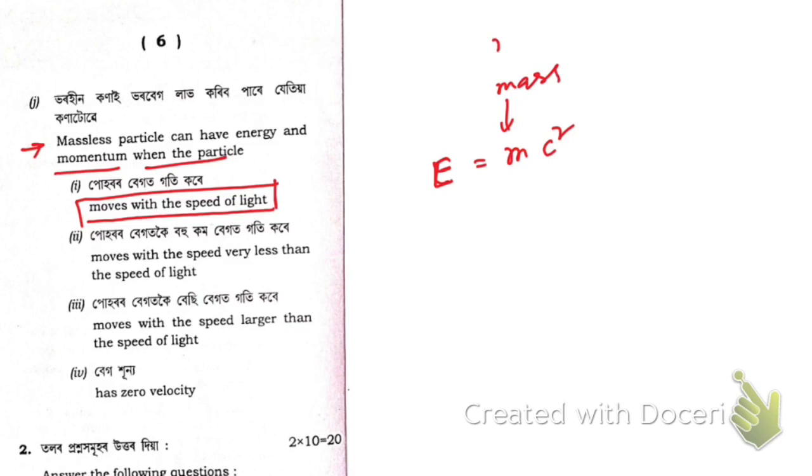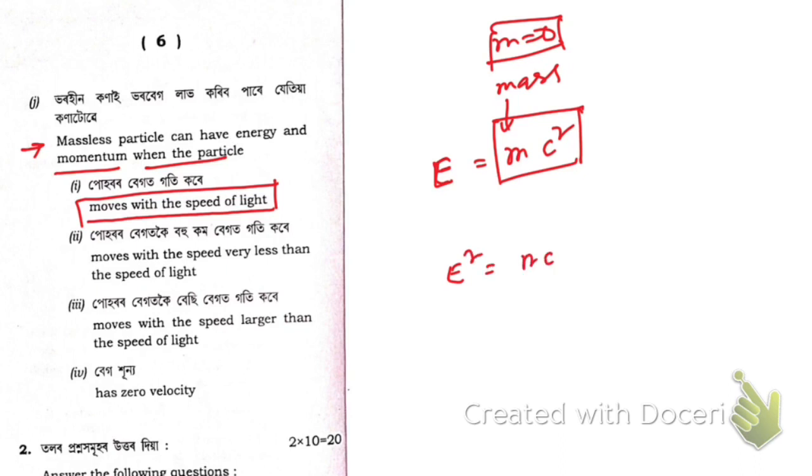If the body is massless, then it's supposed to be 0, but actually this is not the complete equation. The complete equation is E² = (mc²)² + (pc)², right?